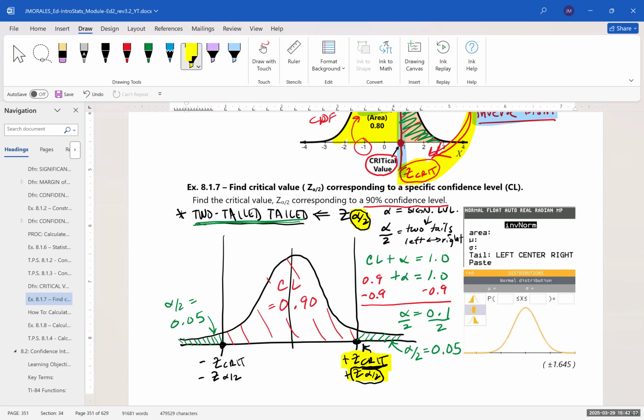And where you're going to have a positive Z-score is going to be related to the right tail of this distribution. So if I was going to do one based off of this picture, using the Texas Instruments, maybe have an area of 0.05 with a mean of 0 and a standard deviation of 1, and I want the area to the right.